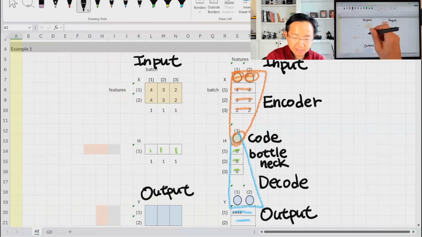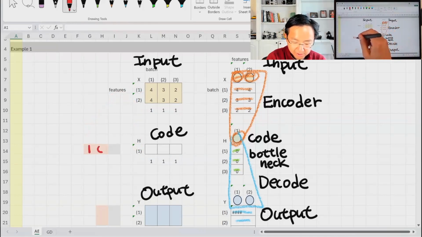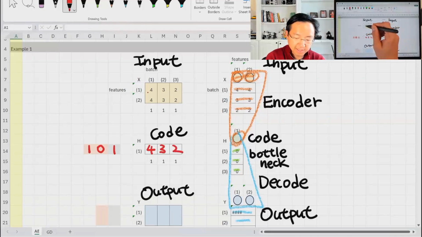Okay, I don't want to erase this code. I would like to extract that hidden code by hand. So one thing I can do is use weight 1, 0, and bias 1. They'll be able to get 4, 3, 2 through matrix multiplication. If you don't remember what I'm talking about, you could refer to a previous lecture.